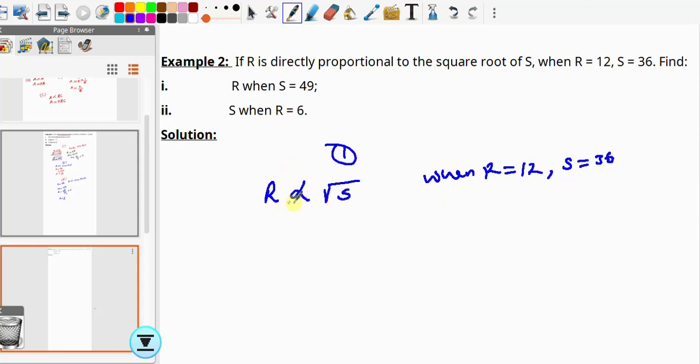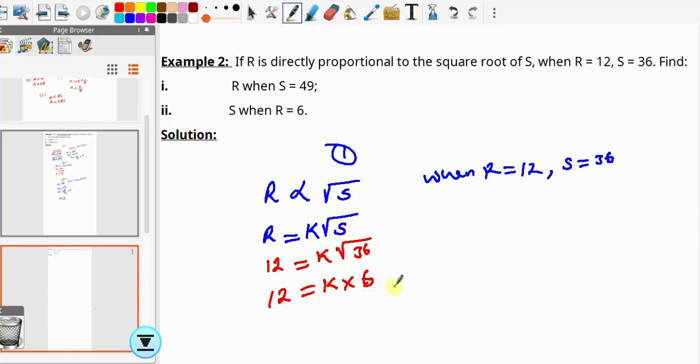To remove this proportional sign, which is r be equal to k square root of x, right? So from here now we have our r as 12. Let's substitute the value now. We have our r as 12 be equal to k square root of 36, and the square root of 36 will be equal to 6, right? 6 multiplied by k, so 12 will be equal to k multiplied by 6.